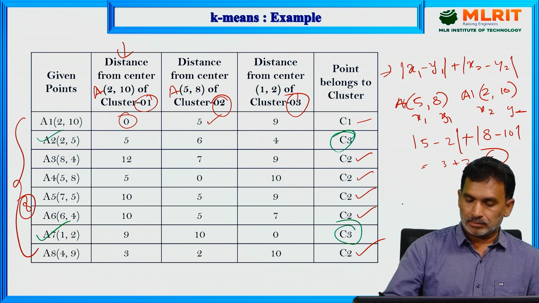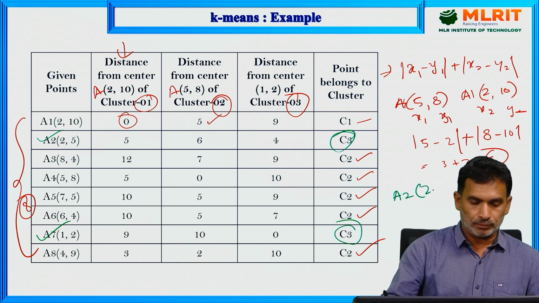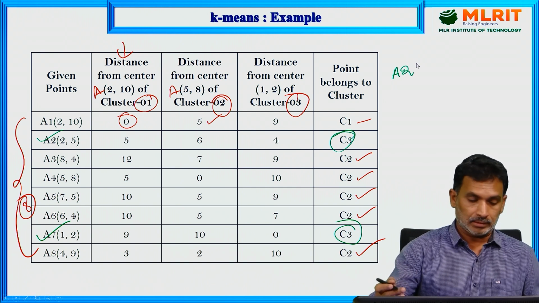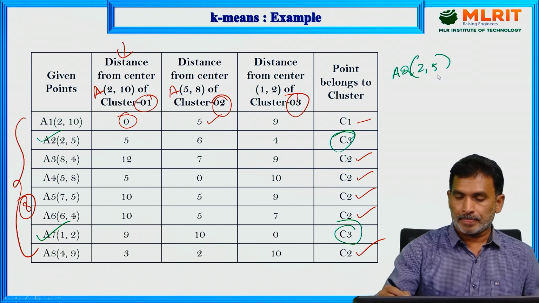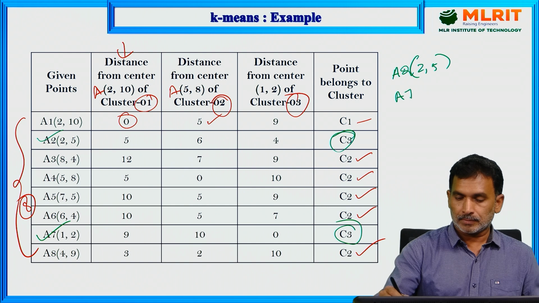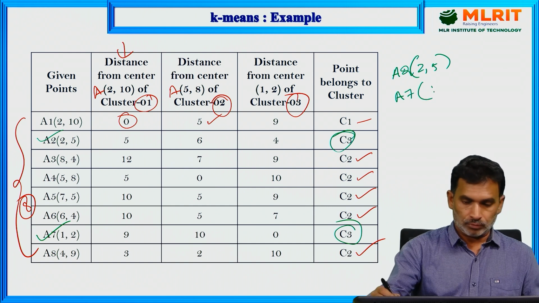So in this case, for example, here C3 has 2 data points assigned initially. A2 is 2, 5, and another data point is A7, that is 1, 2.